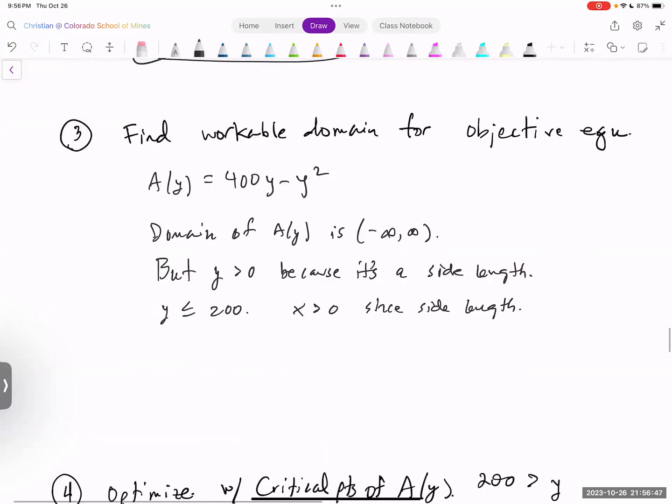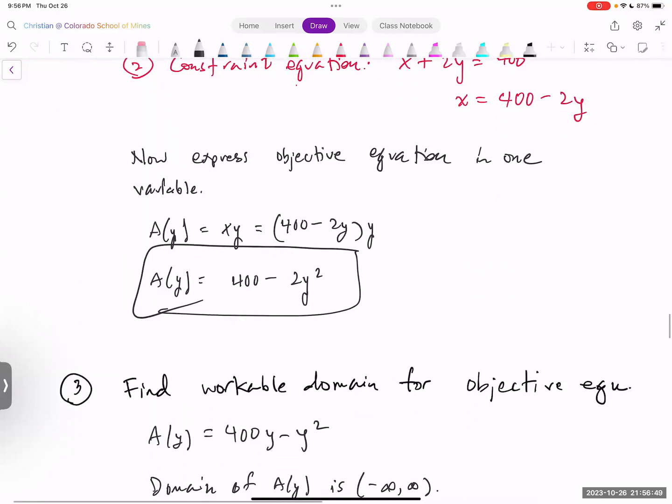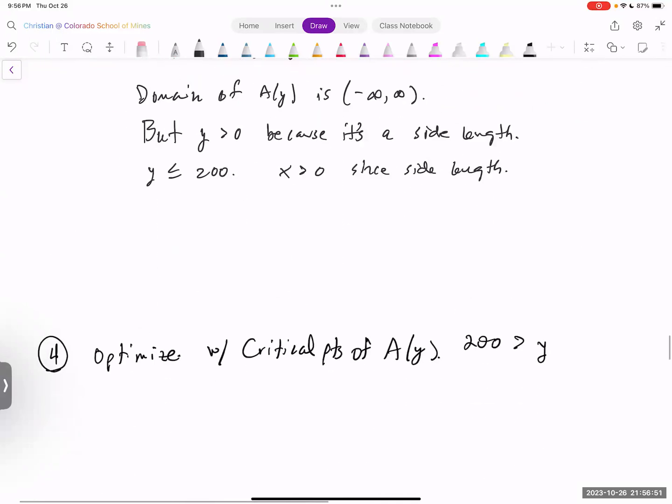We know that X was equal to 400 minus 2Y. If X is equal to 400 minus 2Y, and this has to be bigger than 0, then we could solve for Y. We could add the 2Y to both sides, divide by 2, and Y has to be bigger than or equal to 0.